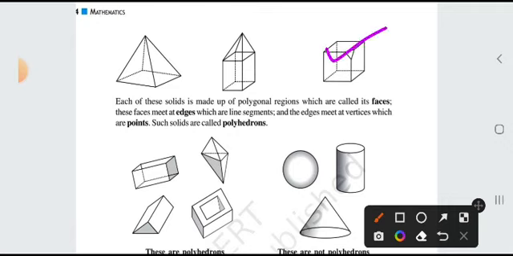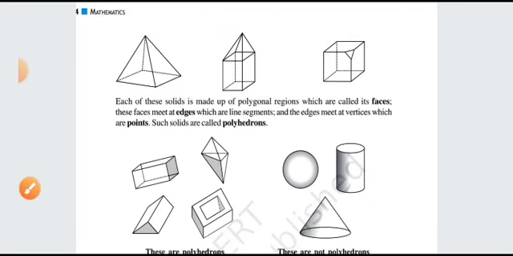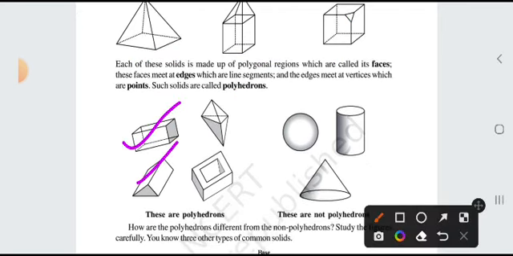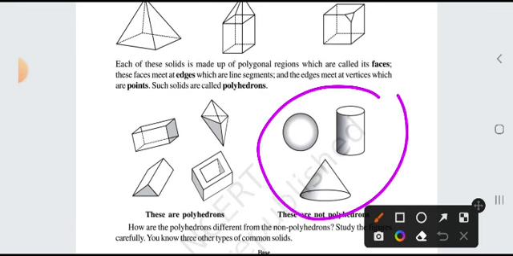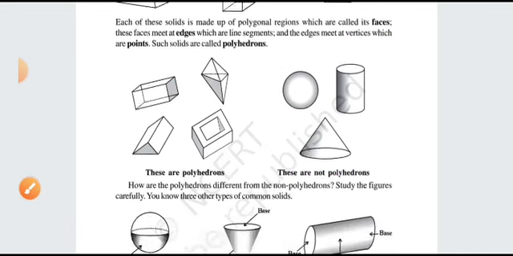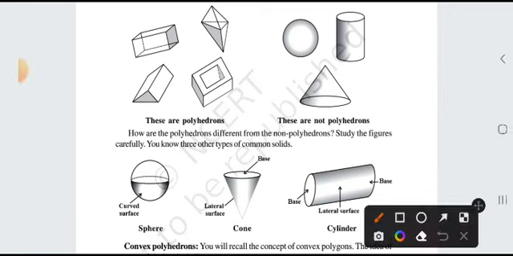This also has surfaces of polygons. So all these figures will come under polyhedrons. And here also we have four objects. These four objects will come under polyhedrons. But here there are three objects: sphere, cylinder and cone. These will not come under polyhedrons because they have curved surfaces, and the faces are not polygons.